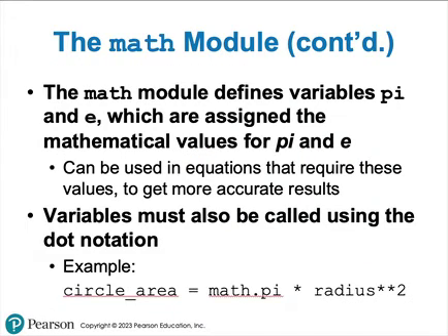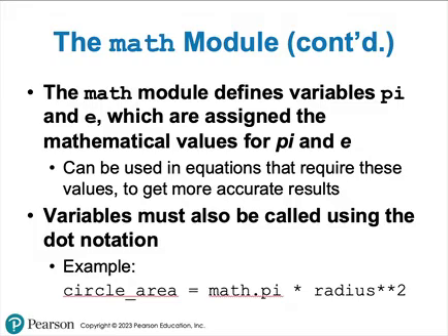The other thing it does is this module defines variables pi and e. So instead of having to define your own constant or putting 3.14159, for example, for pi in a calculation, you can call math.pi.